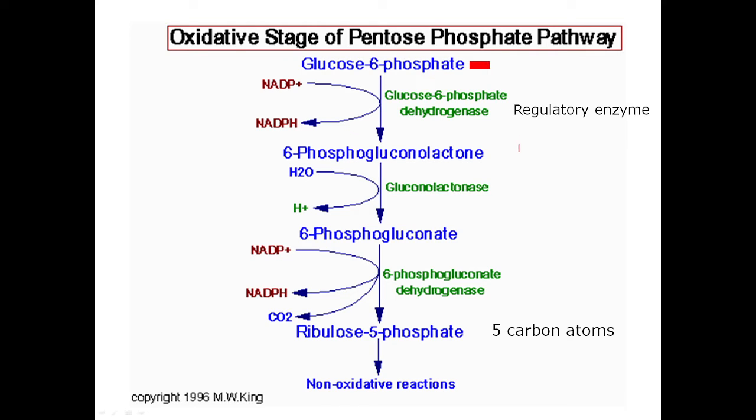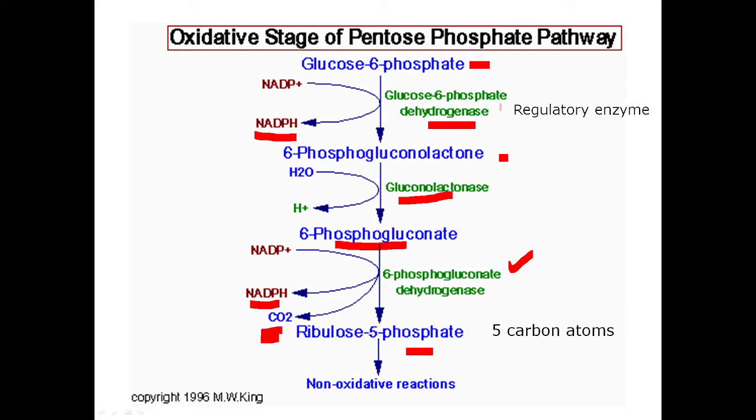Glucose 6-phosphate is getting converted into 6-phosphogluconolactone, and the enzyme involved is glucose 6-phosphate dehydrogenase. A dehydrogenase enzyme is there, which means NADPH is produced in this step from NADP plus. 6-phosphogluconolactone with the help of gluconolactonase gets converted into 6-phosphogluconate. Here a water molecule gets added and hydrogen gets removed, and at the next step 6-phosphogluconate gets converted into ribulose 5-phosphate, and the enzyme involved is 6-phosphogluconate dehydrogenase. So a dehydrogenase is there, which means NADPH is produced from NADP plus, and carbon is getting removed.